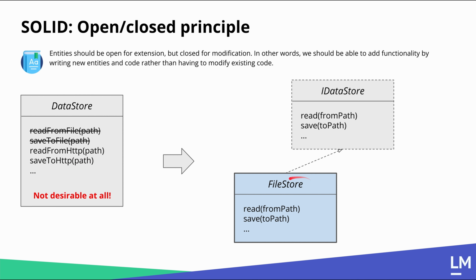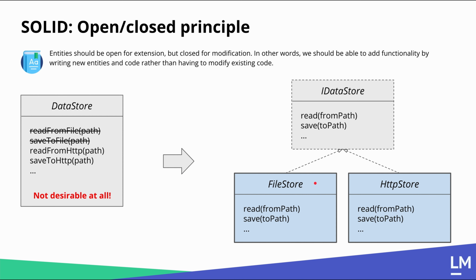Now, if we want to comply with the new requirement of using HTTP endpoints, we don't need to come to the file store module and change it. We don't need to touch the file store module at all. We can create a new module called the HTTP store module. This module will also comply with the data store interface, and it will provide a read and a save method. The idea here is that we are adding functionality not by changing code that already exists, but by adding new code.